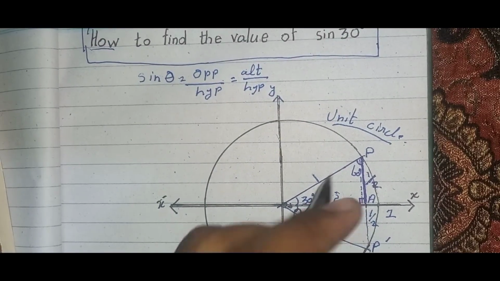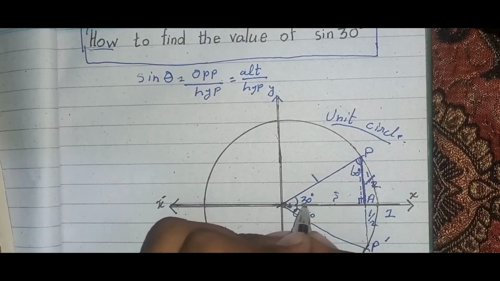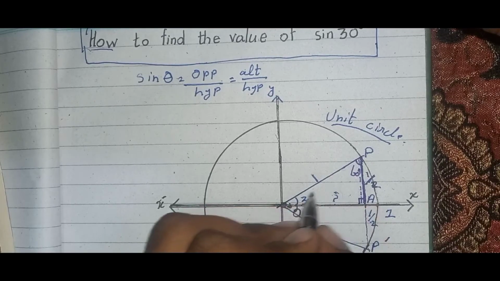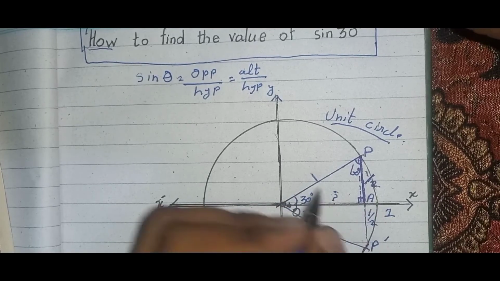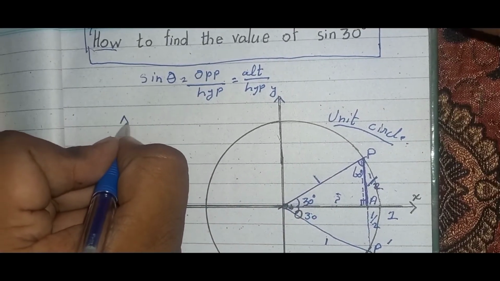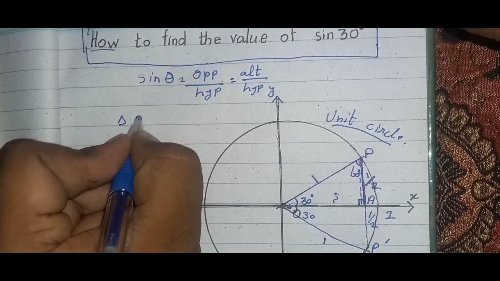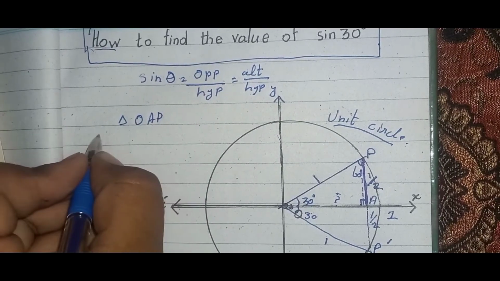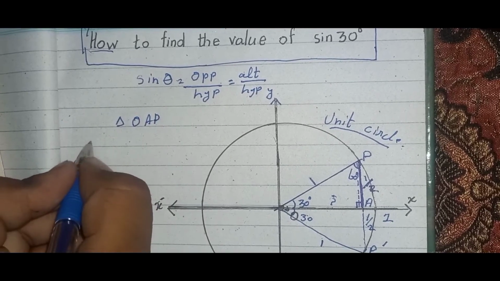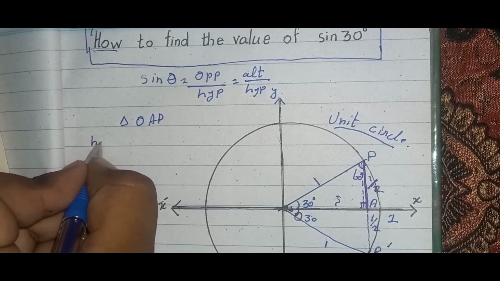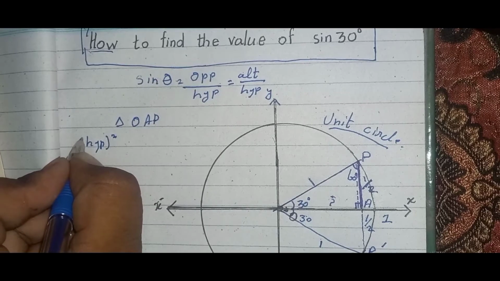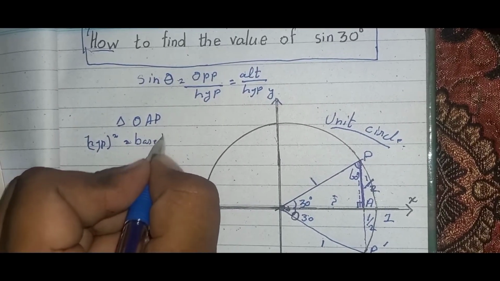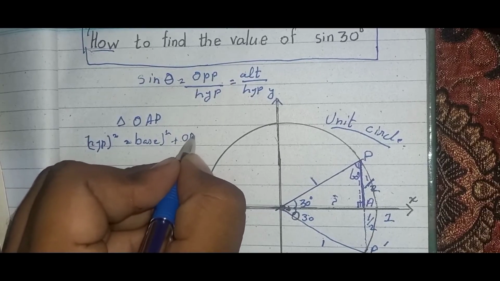So we know that triangle OAP is a right angle triangle. So from triangle OAP, by using Pythagoras theorem, hypotenuse square equals base square plus opposite square.